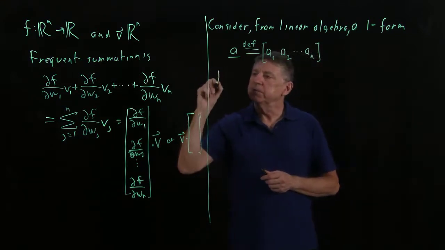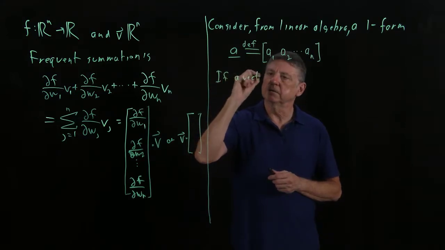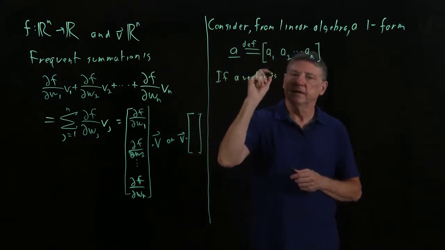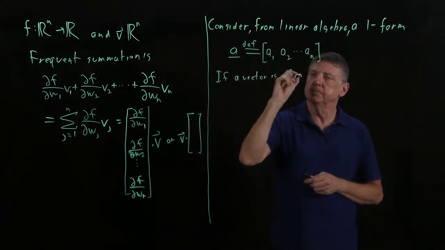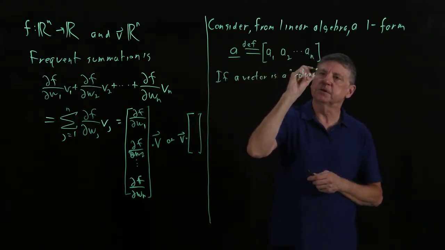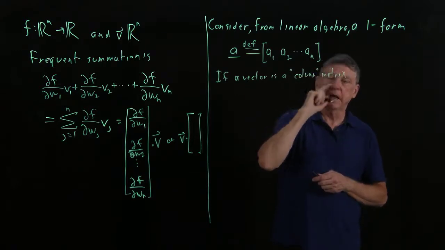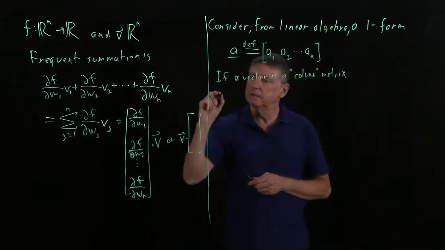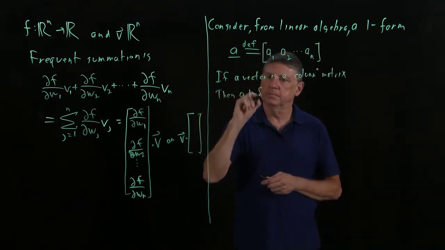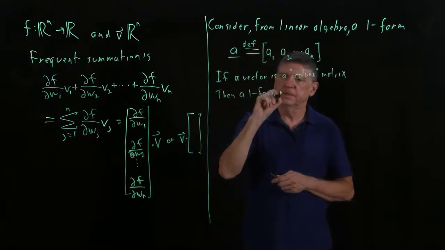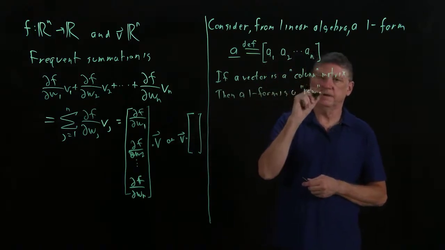Let's observe that if a vector is written as a column, and strictly as a column matrix, then a one-form is a row type matrix.